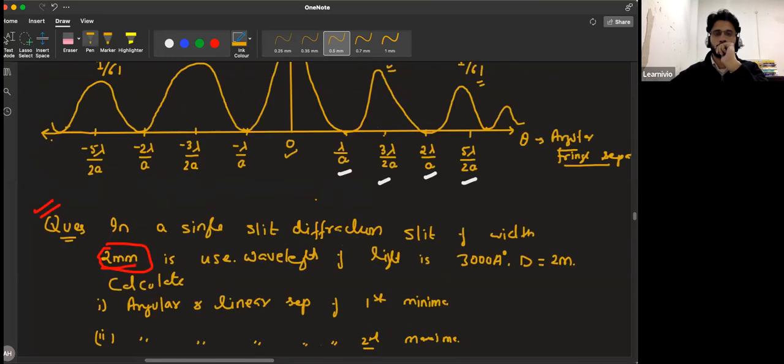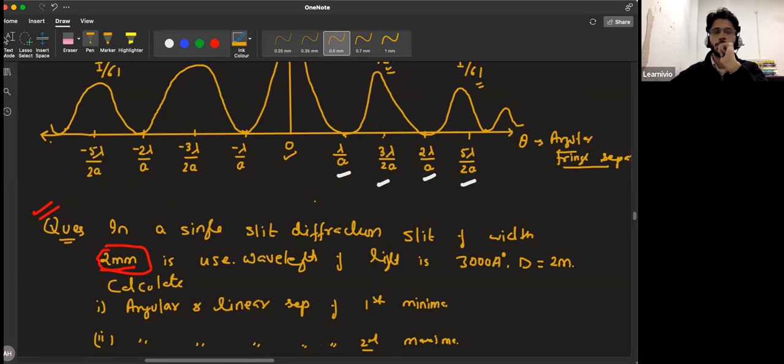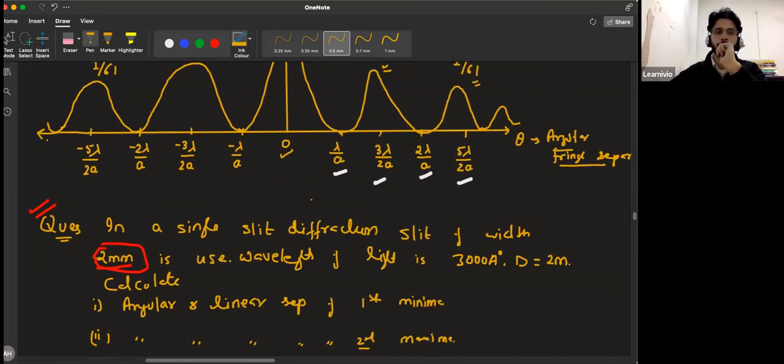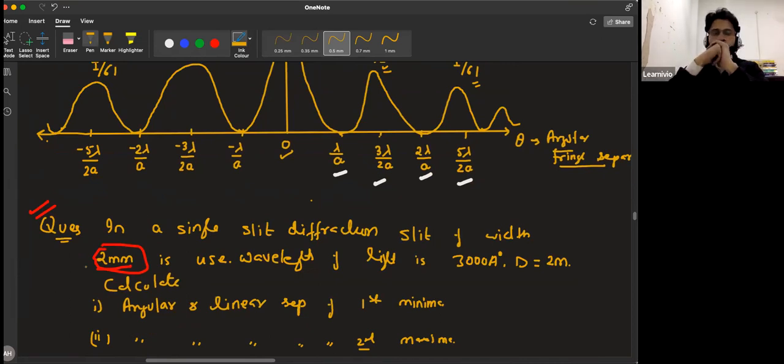So should we draw the graph? No need of graph. All these are conceptual things we'll discuss after this numeric. First do this numeric. To draw that graph, path difference, phase difference, conditions of minima and maxima should be very clear in your brain. So first do some numericals, then we will do those conceptual things.